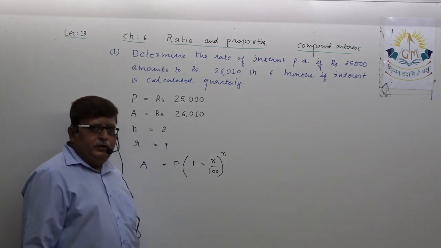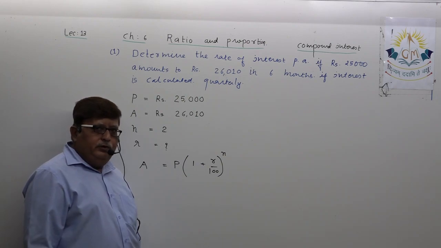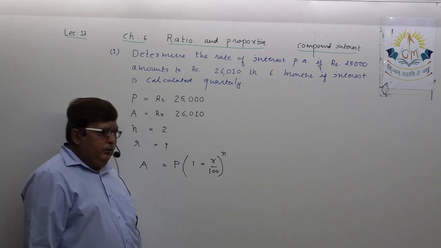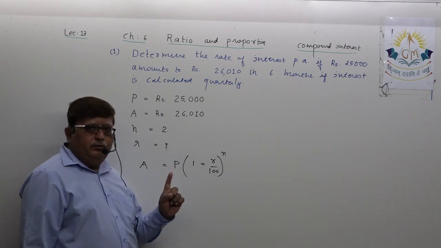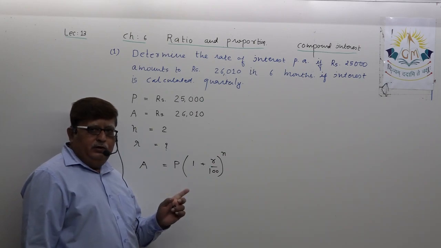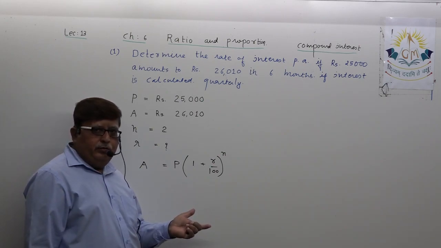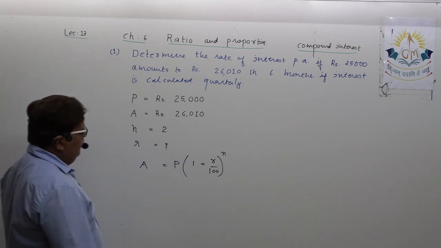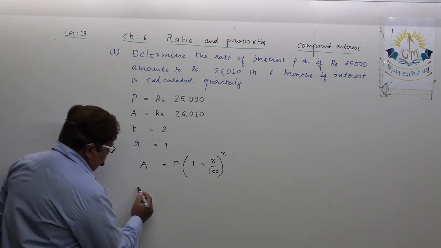Whatever steps I explain on the board, dear student, please be watchful, because whenever you have to find the rate of interest, you will follow the same track of the method. Understood? Let us substitute.